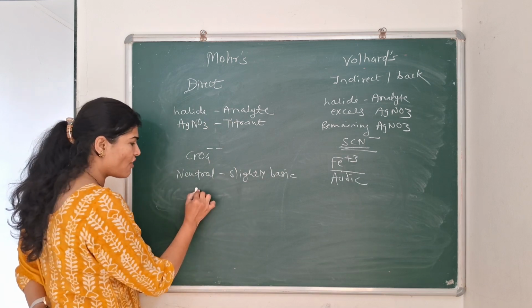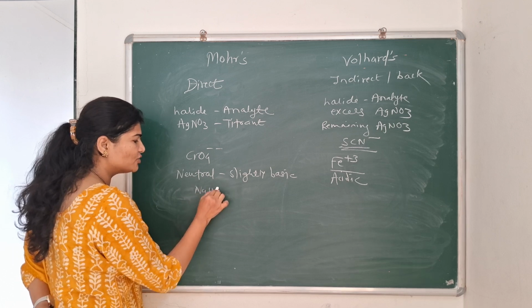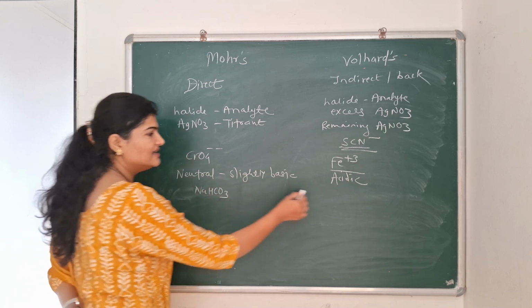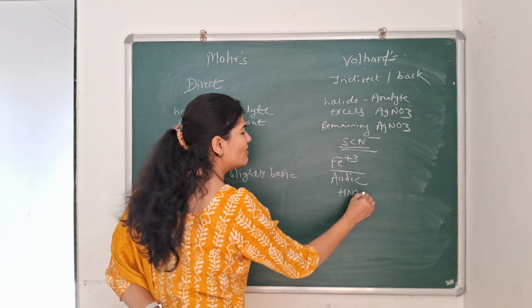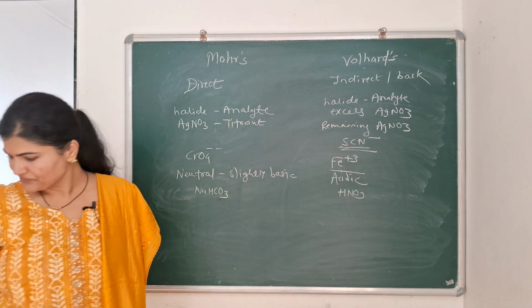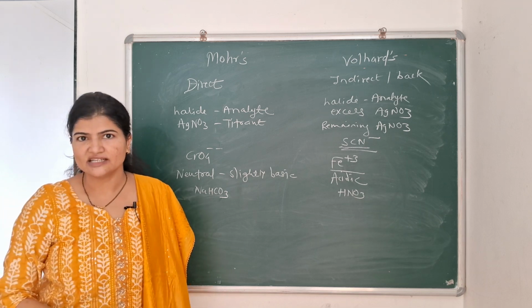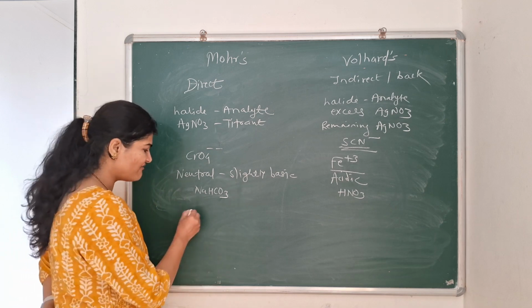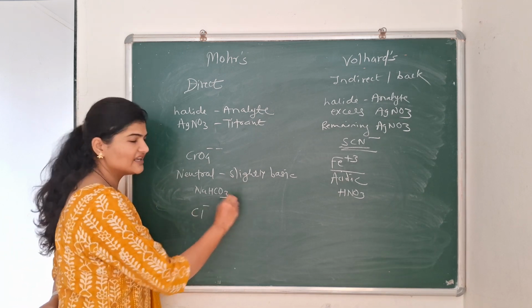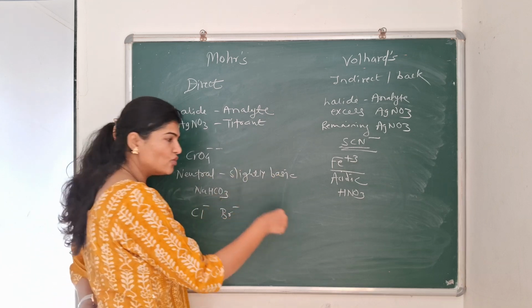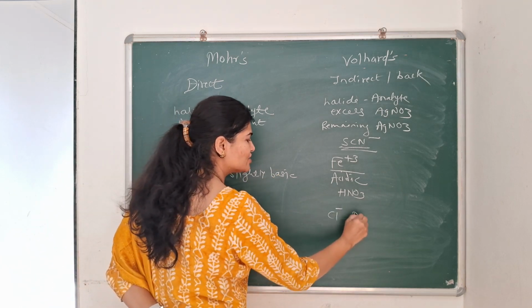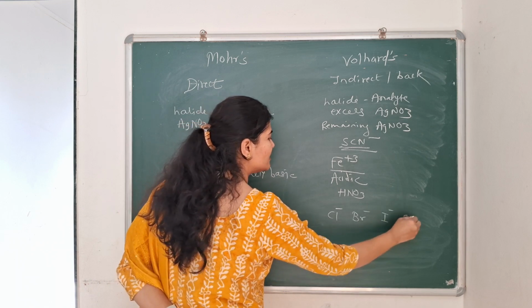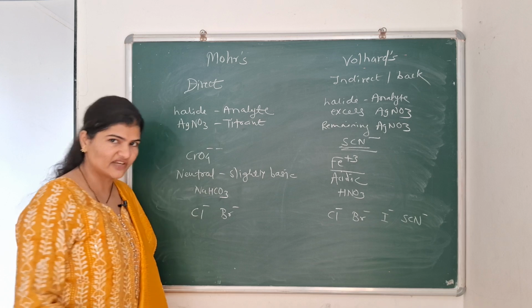By addition of, say, sodium bicarbonate or borax, and this we can achieve by addition of free nitric acid. Now the next point of difference is, in Mohr's method we can carry out titrations of chlorides and bromides effectively, whereas in Volhard's method we can carry out the titration of chlorides, bromides, iodides and thiocyanates effectively.